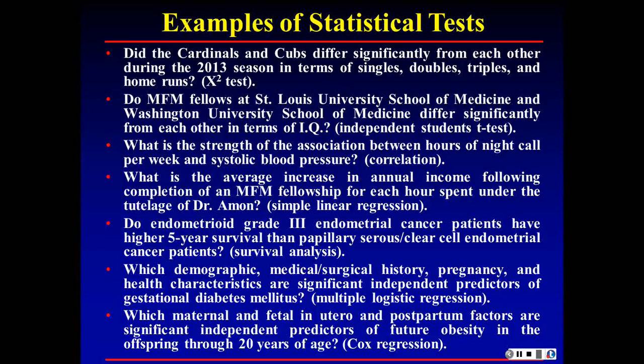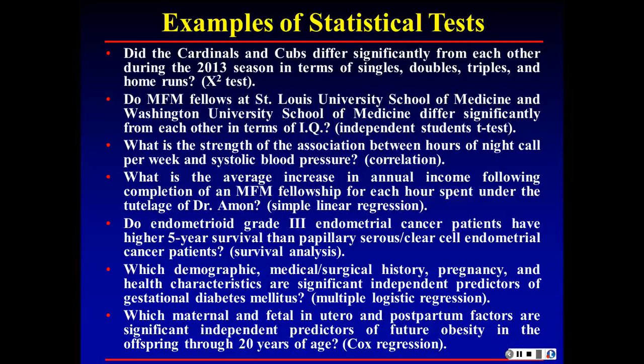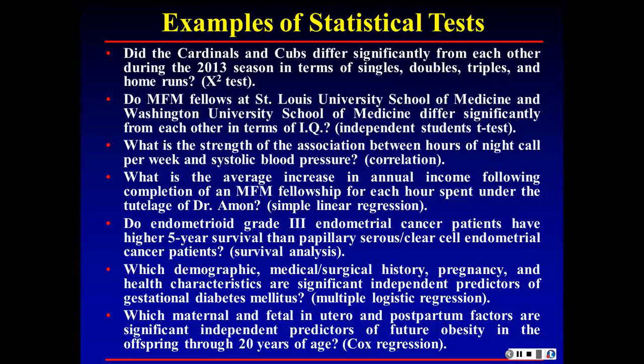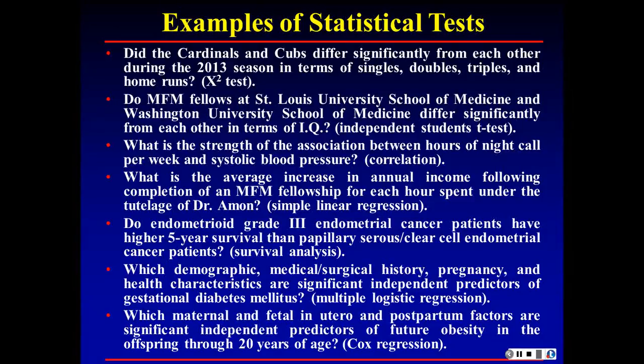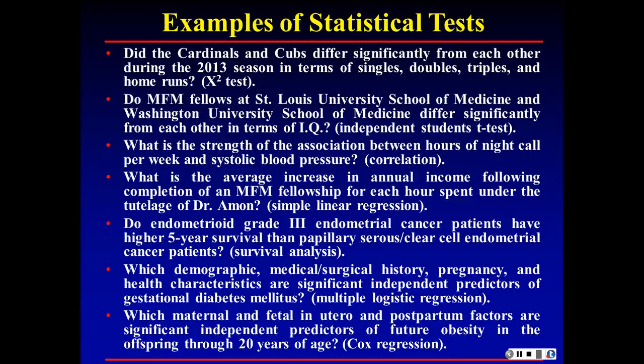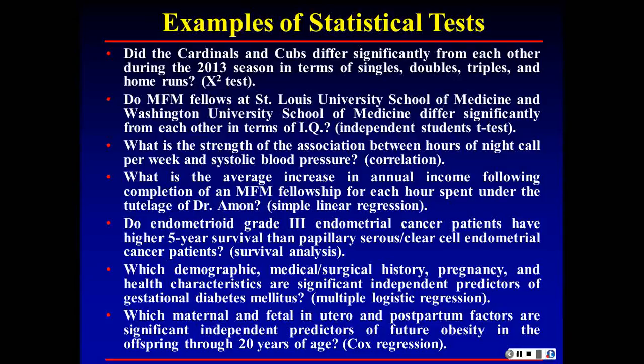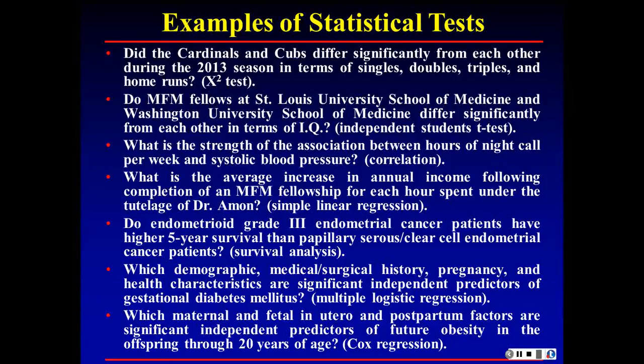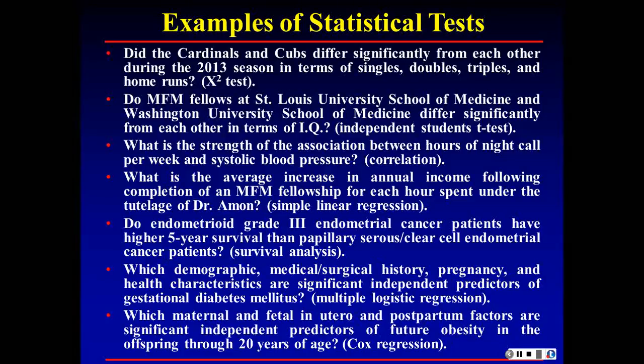Could someone read the fifth example, please? Endometrioid grade 3 endometrial cancer patients have higher 5-year survival than papillary serous clear cell endometrial cancer patients. Survival. And can I have a volunteer for the sixth one, please? Which demographic, medical-surgical, hysterectomy and health characteristics are significant and independent predictors of gestational diabetes?